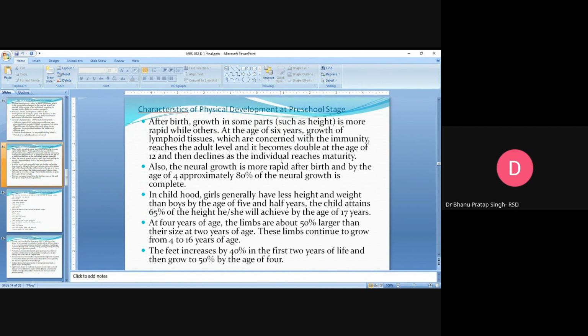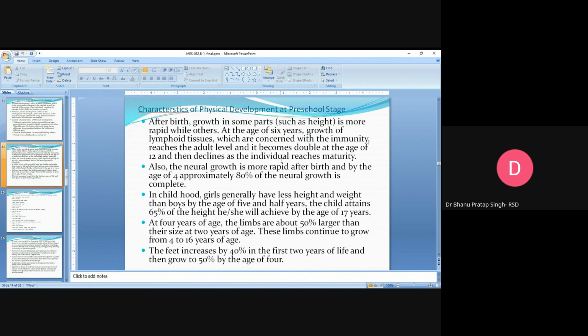Means immunity develops age-wise, but after the particular age known as maturity, it slowly and gradually comes down. So these are the characteristics of growth.